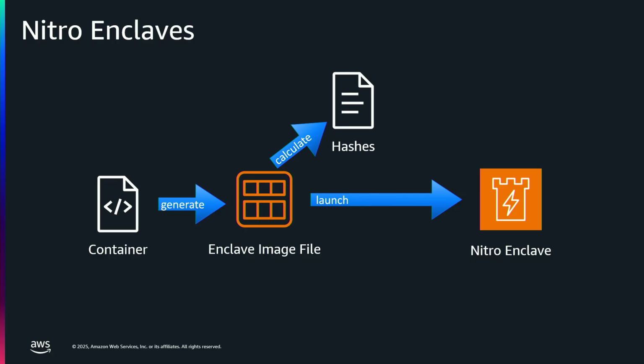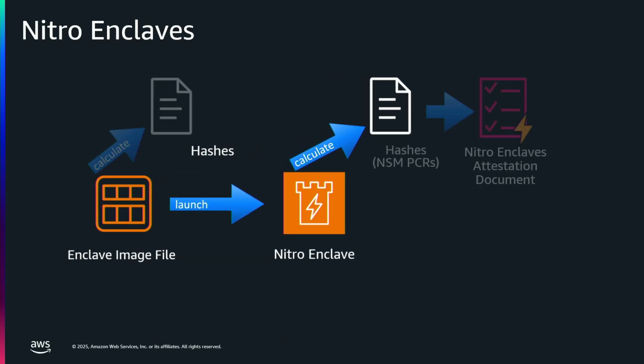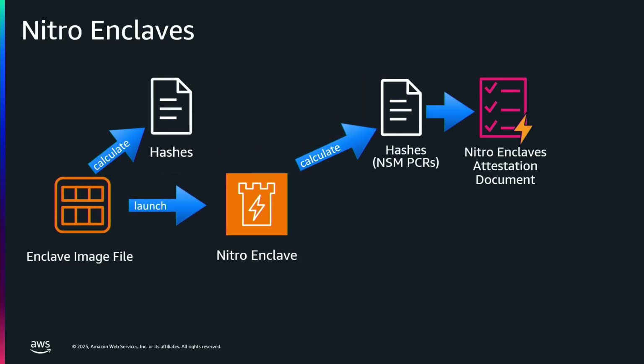And from that image, you also launch a Nitro Enclave. When this Nitro Enclave launches, the Nitro hypervisor hashes all of the contents of the actual image and provides you with PCR values, which then are fed into a Nitro Enclave attestation document. So it's the exact same flow as before.